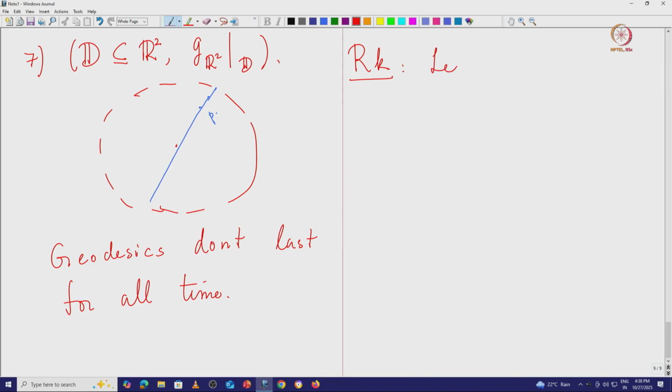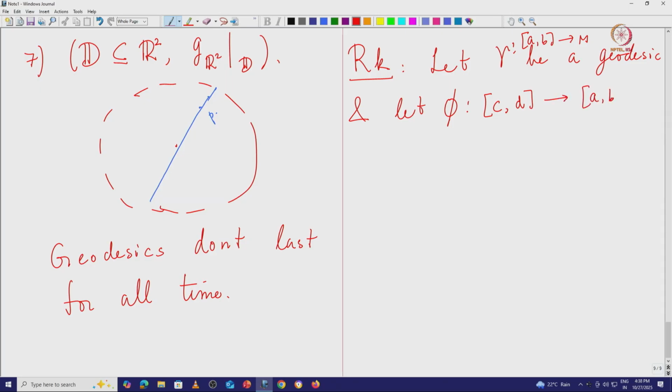Let gamma be a geodesic, so let's say gamma from A to B to M, and let phi be such that phi is a diffeomorphism. So in other words, I want to reparameterize my curve.